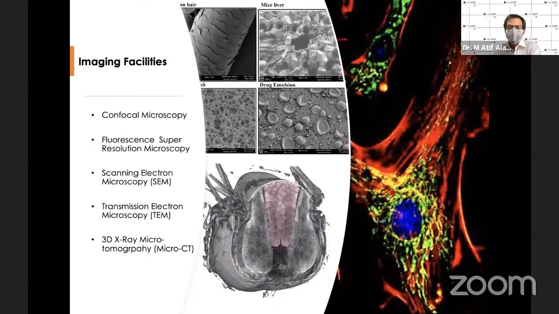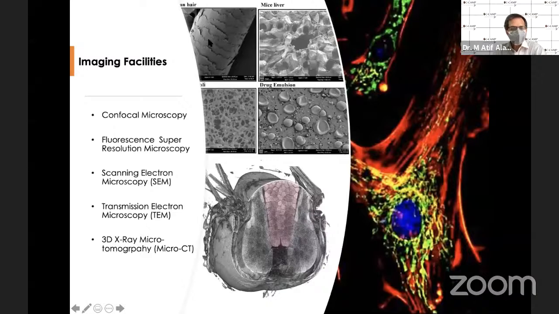facility. And some of the examples are here where you could do really high resolution imaging as well as optical based correlation studies on a variety of matrices, not just biological samples, but also samples like drug emulsions and nanoparticles.